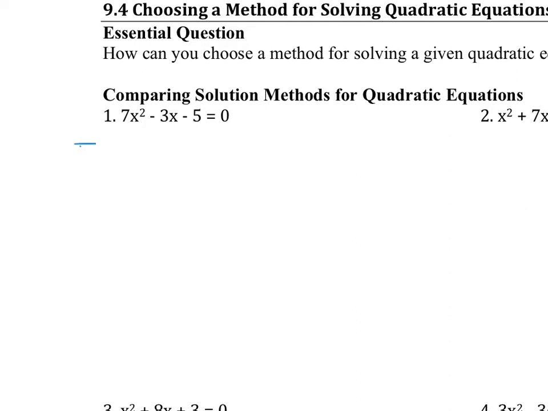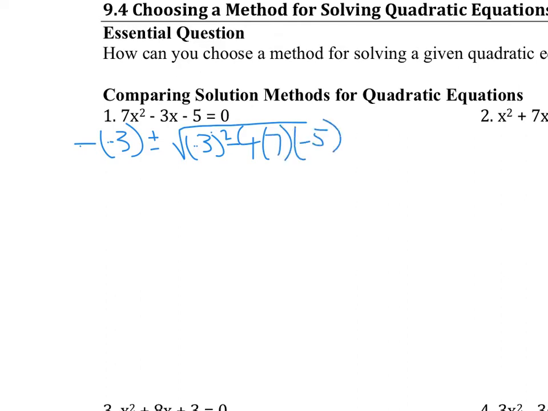So we get negative b, which is negative negative 3, plus or minus the square root of b squared, minus 4 times a, which is 7, times c, which is negative 5, all over 2a, which is 14.